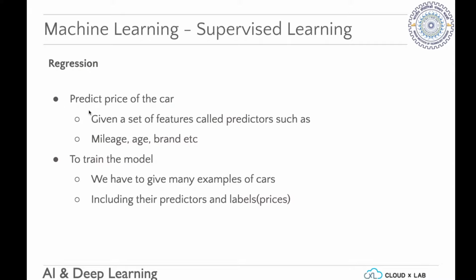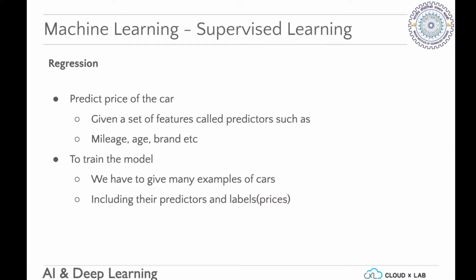So in regression, you're predicting the price of a car based on a set of predictors: mileage, age, brand, etc. You could say they're feature sets, and then we train the value. To train the model, we need large examples of these cars. We need a large data set which includes these predictors, which would be mileage, age, brand, etc., and labels, which are prices.